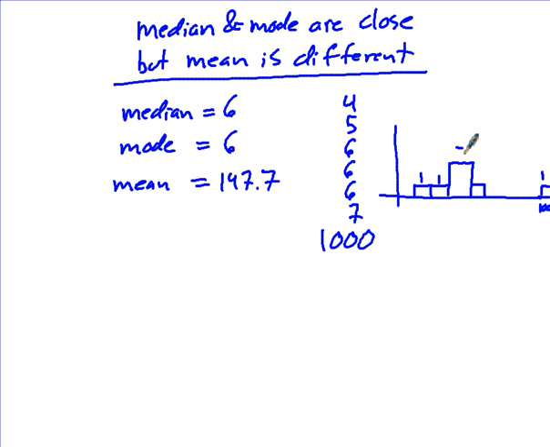We have 1, 1, 3, and 1. So what this is telling you is that there's a big outlier, especially when there's such a big difference between the median, mode, and the mean.